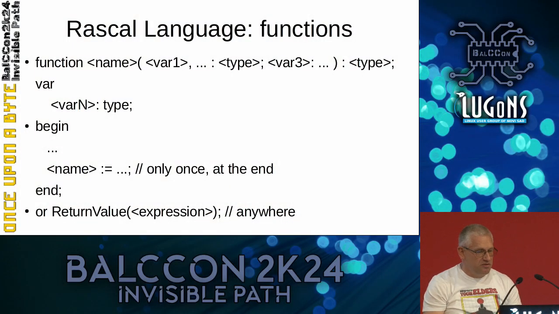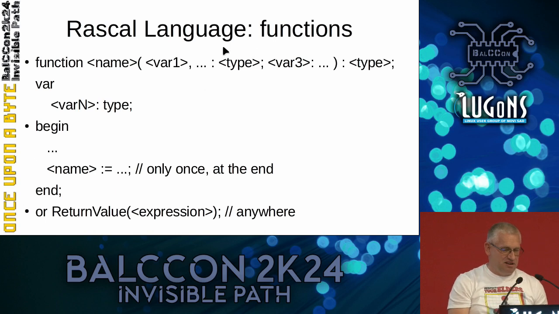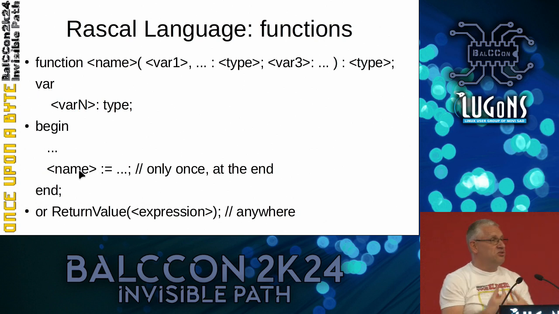Then we have support for functions. They have parameters, which can be of any type. You can have local variables and put code inside. The syntax for returning a value, as in Pascal, is to assign something to the function name. That syntax in this language is somewhat limited, meaning that you can do that only once in the function body.